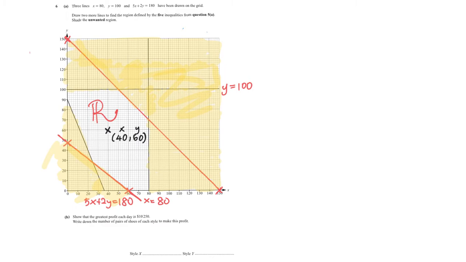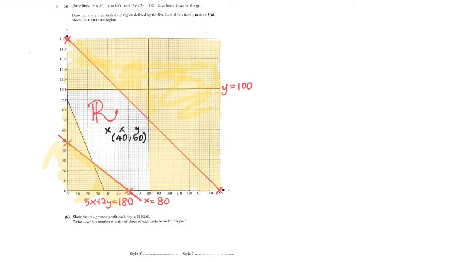Okay, question B: show the greatest profit each day is 10,250. Write down the number of pairs of shoes of each style to make this profit. They want to know what x and y can make 10,250.